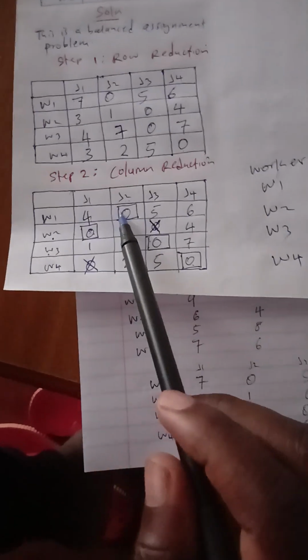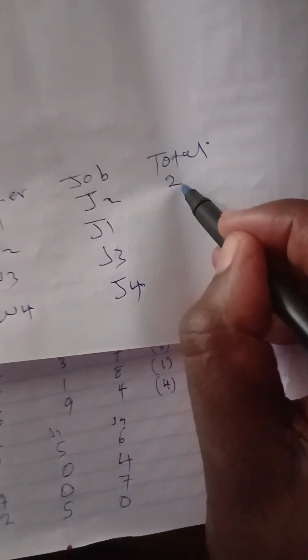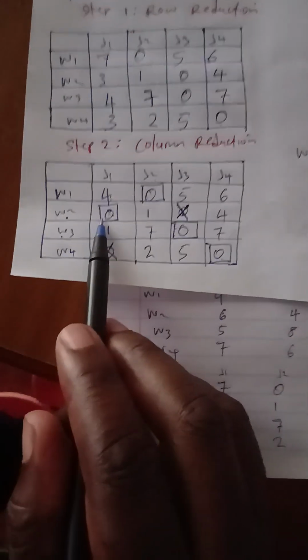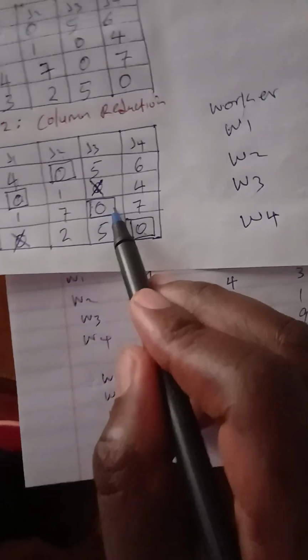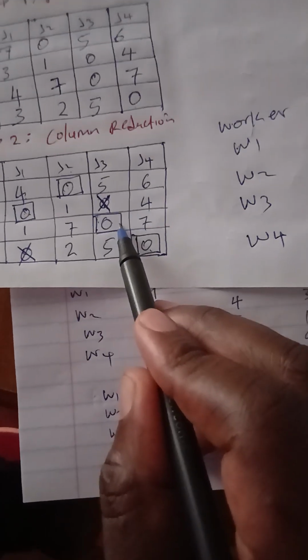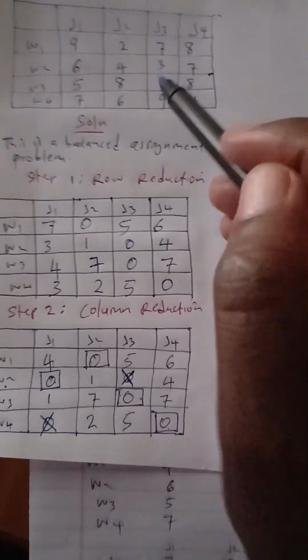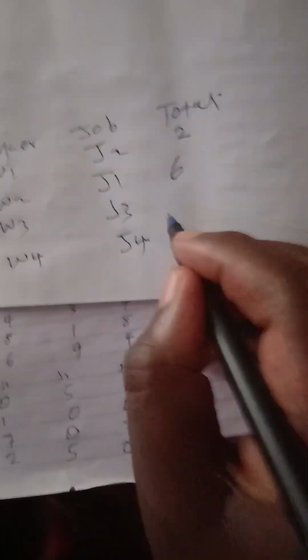The corresponding job, this 0 is job 2. So here we write 2. Job 1, we are guided by this. 0 here corresponds to 6. So it's 6. Worker 3 was allocated to job 3. And job 3 is 0, corresponding is 1. So we write 1.